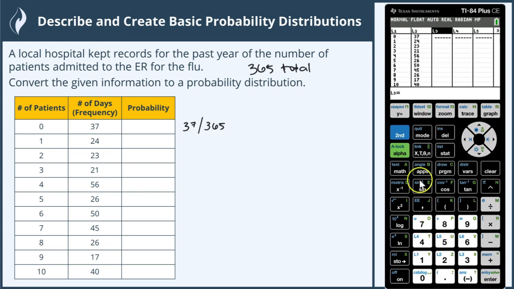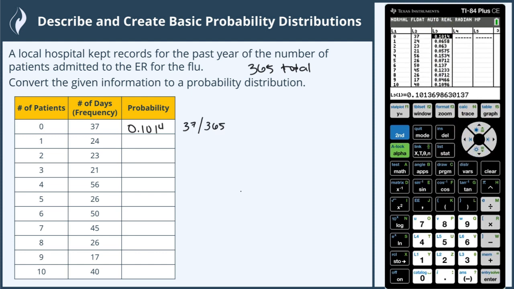Then we tell it we want to take L2, so second and number 2, and divide all the values in L2 by 365, and put the result in L3. Enter, and you'll see all these numbers pop up. Those are my relative frequencies, also known as probabilities, for each of these classes, or in this case, patients. And then all you have to do is copy it down.